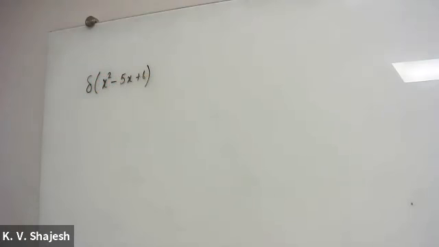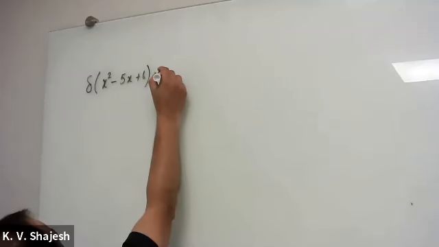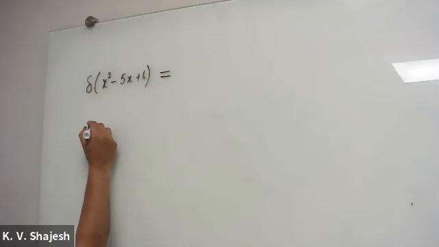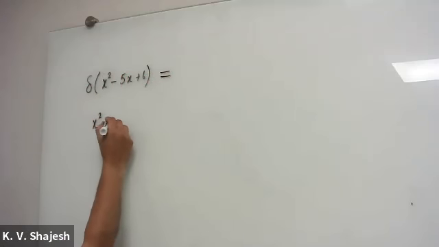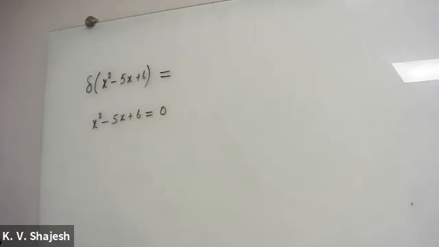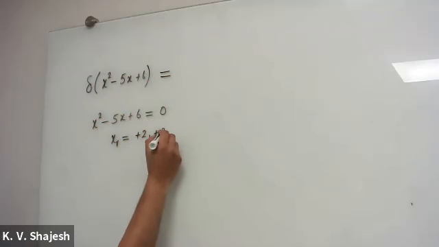I want to see what this is equal to. So immediately I want to find the roots of this equation, x squared minus 5x plus 6 equal to 0. What are the roots? This will be x of r, right? x of r is equal to either 2 or 3.